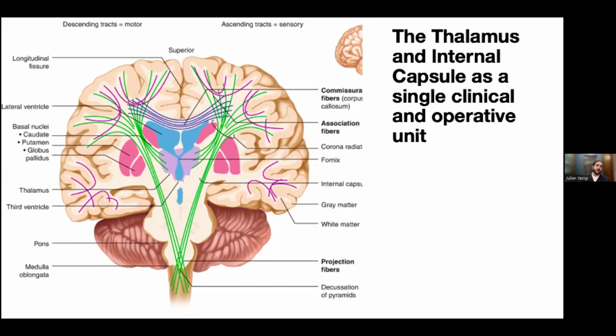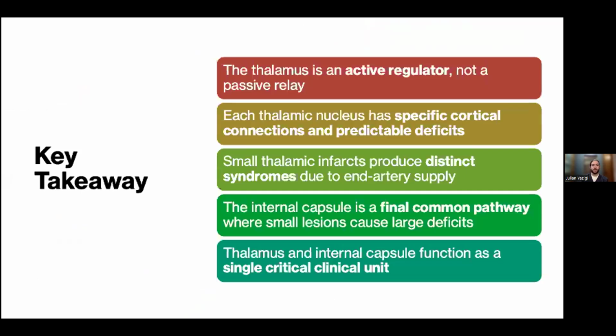All right, so that concludes my presentation for the day. Let's talk about some key takeaways. Let's always remember the thalamus is an active regulator, not a passive relay. Each thalamic nucleus has specific cortical connections, as well as predictable deficits, which help to localize lesions.